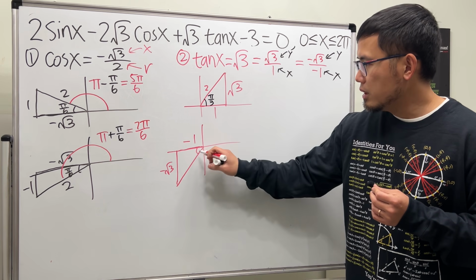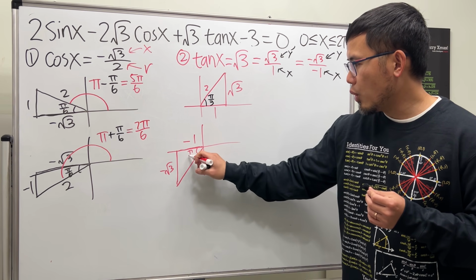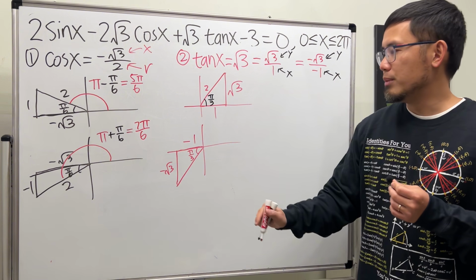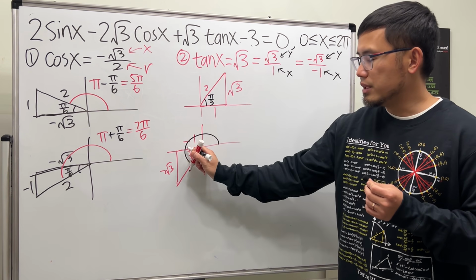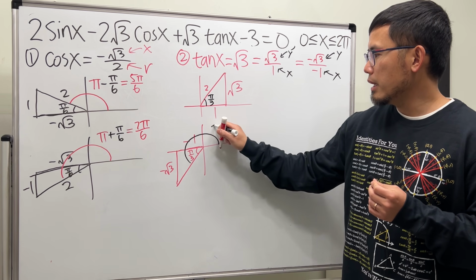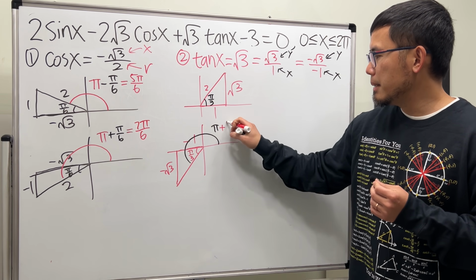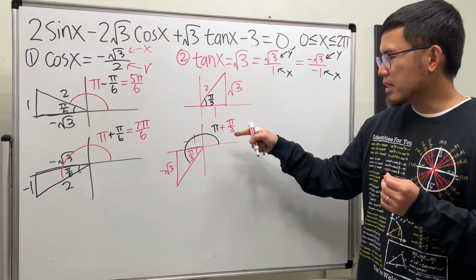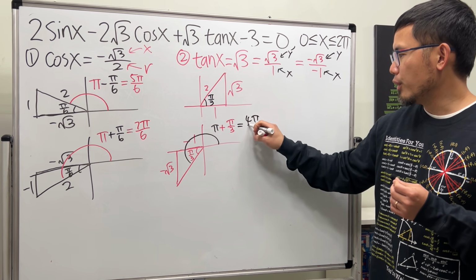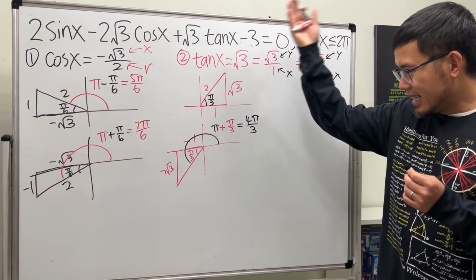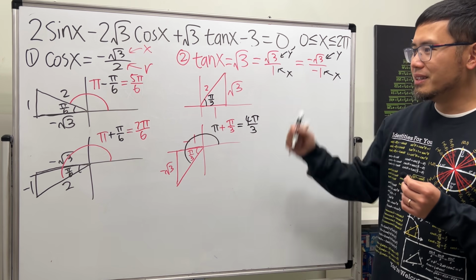This angle is the same as that, which is pi over 3, but we have to measure the angle from here to here to answer the question. This to this is pi, and then we just have to add pi over 3, get the common denominator, we will get 4 pi over 3. Ta-da! These are the 4 answers for this equation.